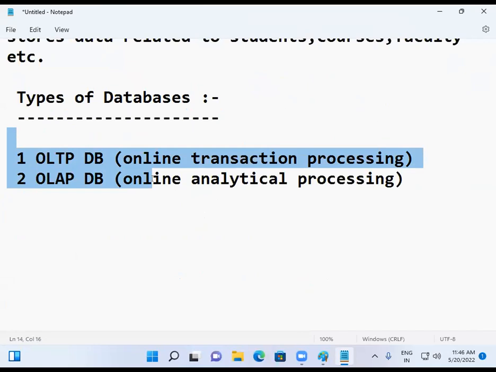You use SQL Server to maintain the database. Yesterday we said, but SQL Server is used to maintain which database? OLTP or OLAP? So SQL Server can be used to maintain both OLTP and OLAP.